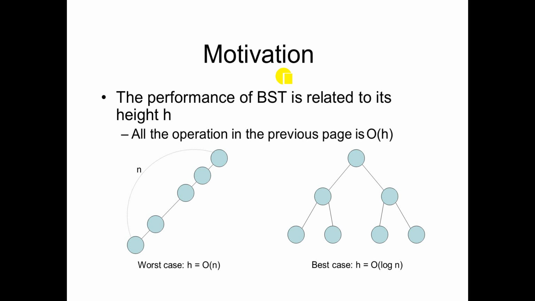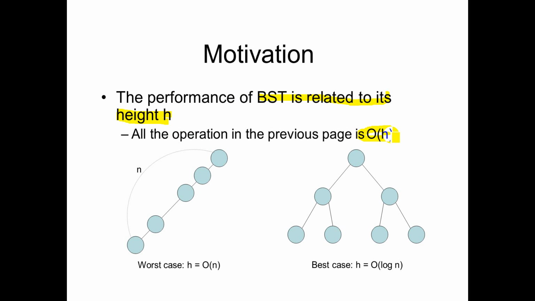You can look at the performance of a binary search tree, and we know that the performance of a binary search tree is related to its height. It is O(h).